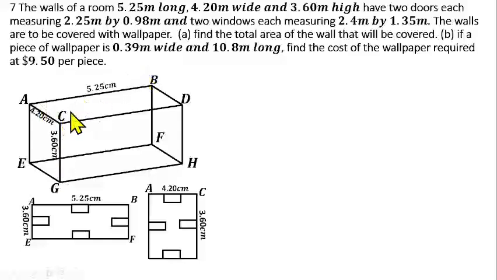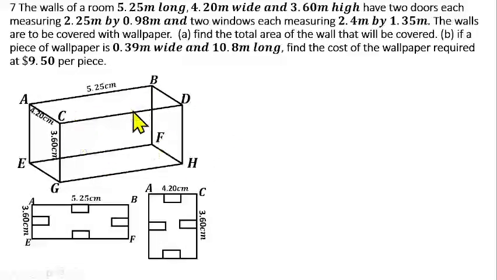So the length is this, the breadth is this, and this is the height of the room. I labelled the cuboid A, B, C, D, E, F, G, H to help us identify the rectangular sides of the cuboid.